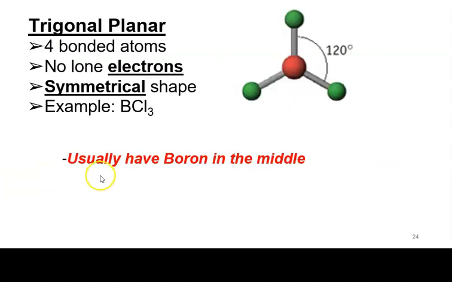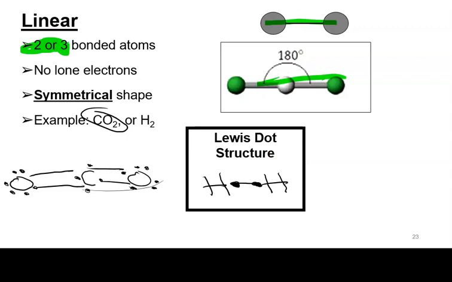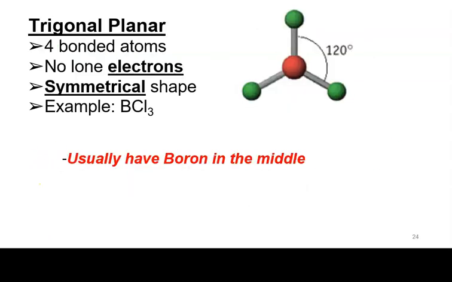For trigonal planar, you're going to have 4 bonded atoms, so count the circles. For linear, if you were counting the circles, you're going to see 2 or 3. For trigonal planar, it's going to be 4. So 4 circles, 1, 2, 3, 4. They have no lone electrons, and they're very symmetrical.